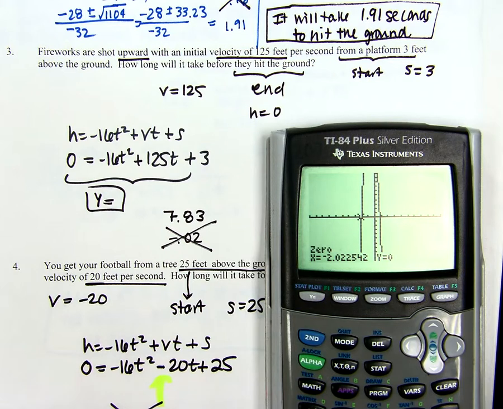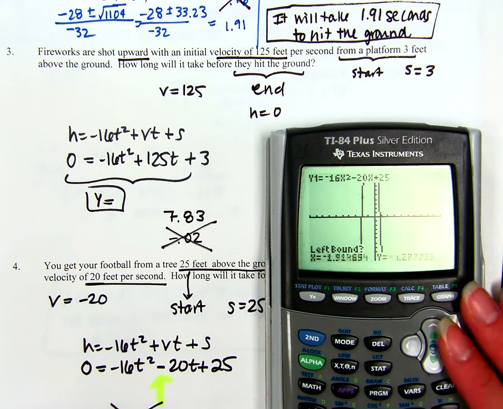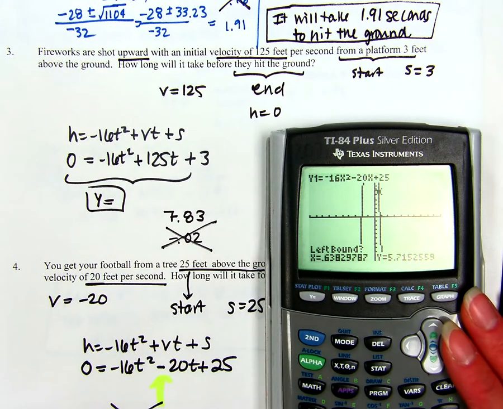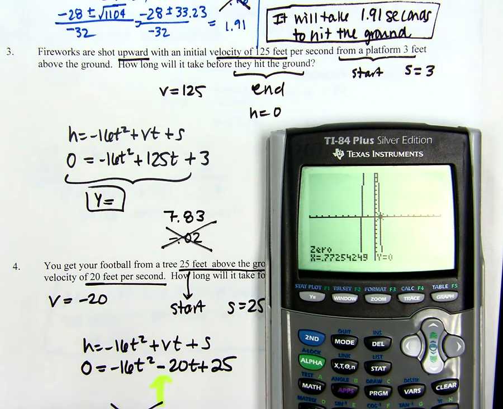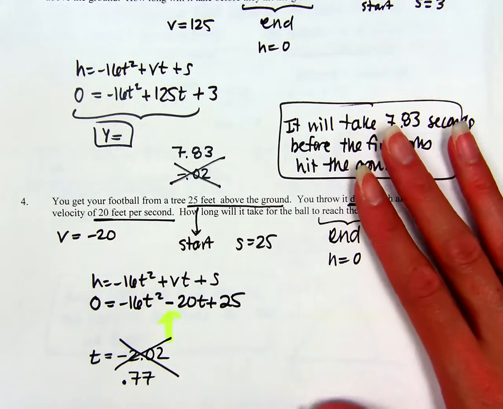But I know that's not going to be the right answer. So if I do it again, if you don't like typing in the numbers, just move your cursor. You can do that. But I could tell that's between like 0 and 2. It's really close to the 1. If you need to see your cursor, you can do that. Okay, so we have 0.77. So the answer that makes sense is only the positive answer.